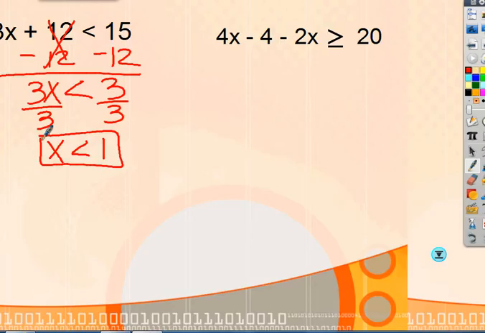For the next example, make sure you combine like terms before you solve.